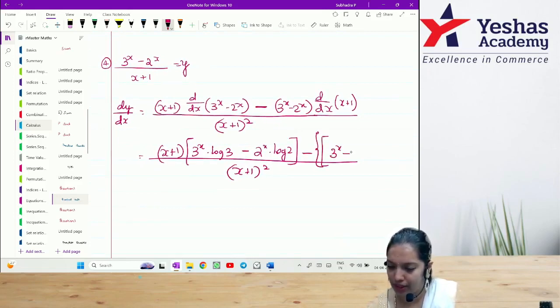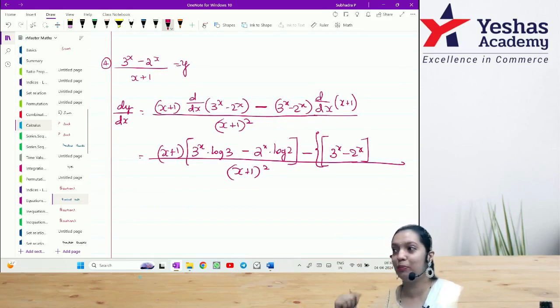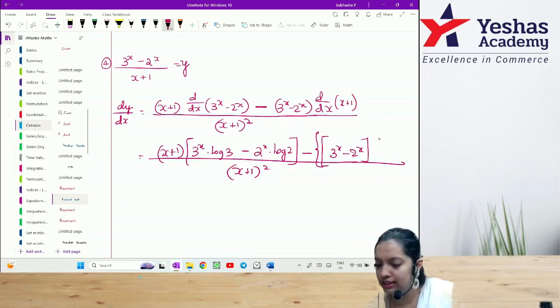3 power x minus 2 power x into, ma'am, can 3 power x minus 2 power x be made 1 power x? You can't apply that 3 minus 2 equals 1 concept here. What is the derivative of x? 1. What is the derivative of 1? 0.